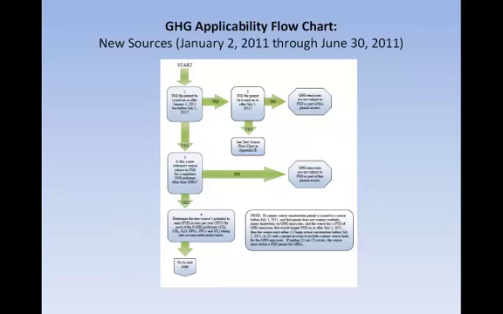So if either of these two things does not occur, the source must obtain a PSD permit for greenhouse gas emissions, again, if they do not begin actual construction prior to July 1st, 2011.